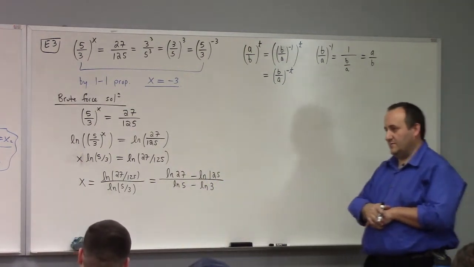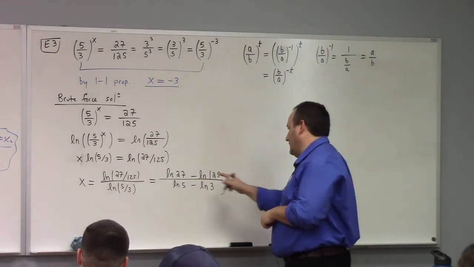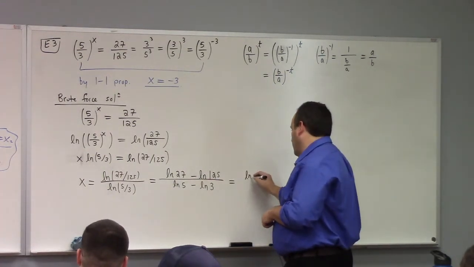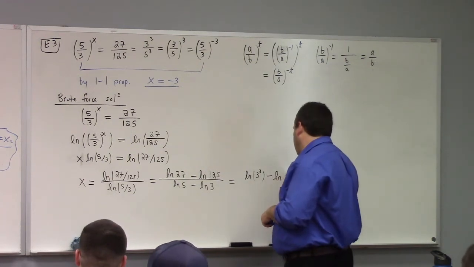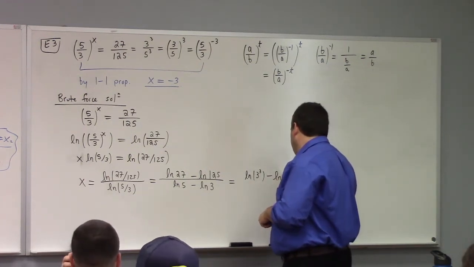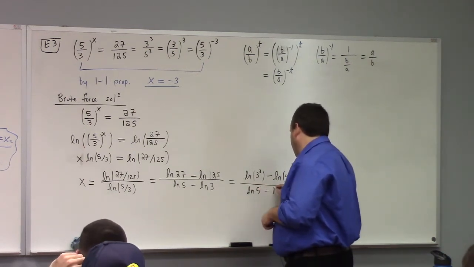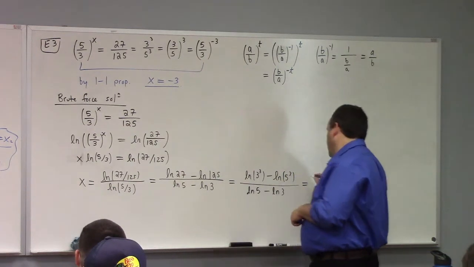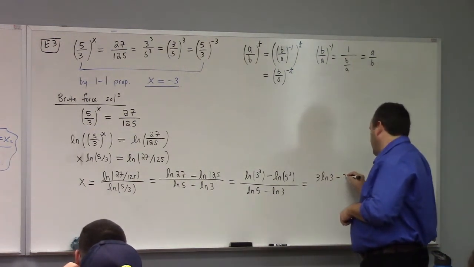What is the natural log of 27? The natural log of 27 is the natural log of 3 to the 3, minus the natural log of 5 to the 3, divided by log 5 minus log 3. But we pull 3 out, we get 3 log 3 minus 3 log 5.